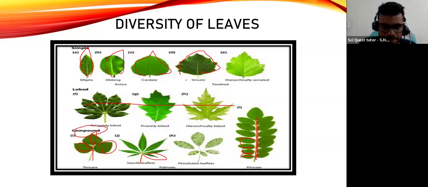Next question is, to what category will the papo leaf, or the papaya leaf, belong?